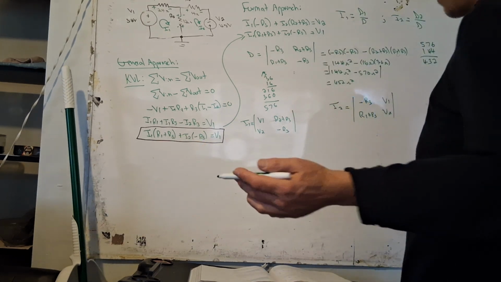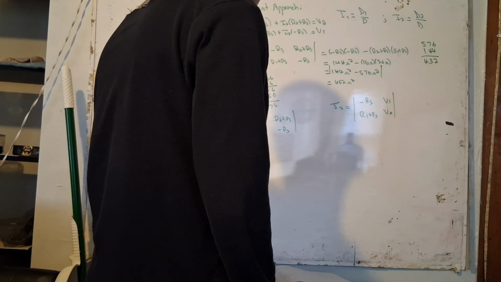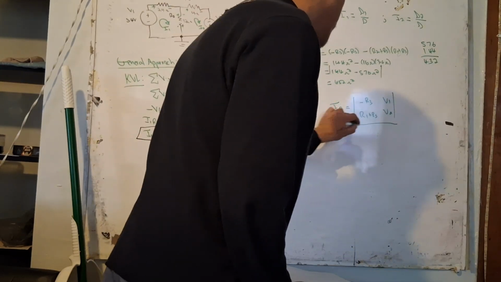It's real simple. The product of these two, that's V1, negative V1 R3. And this is all going to be divided by D. Okay.